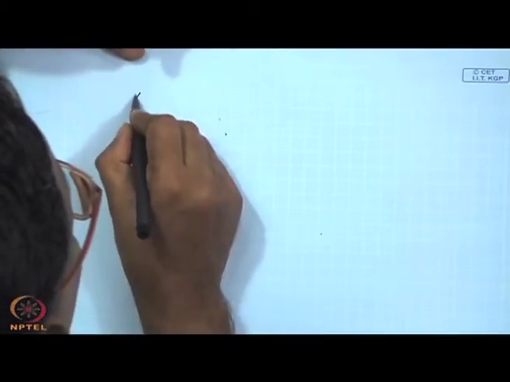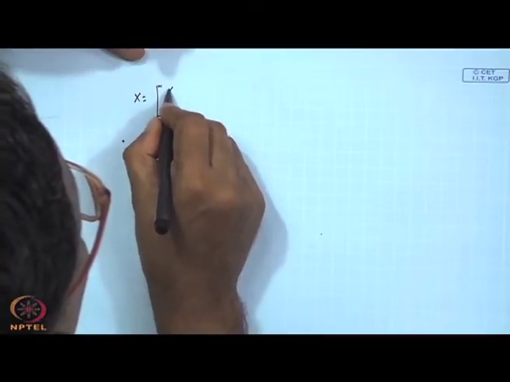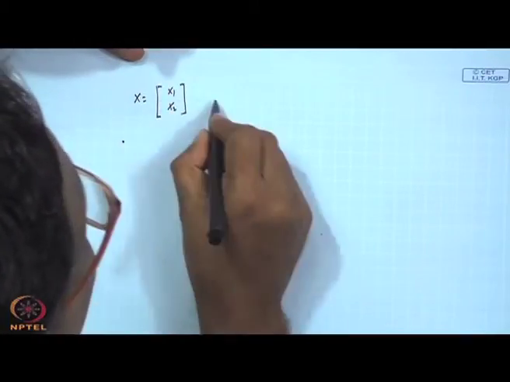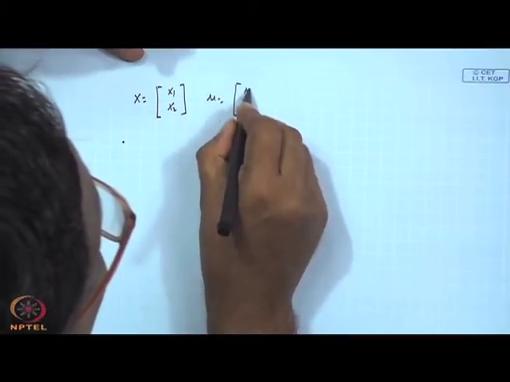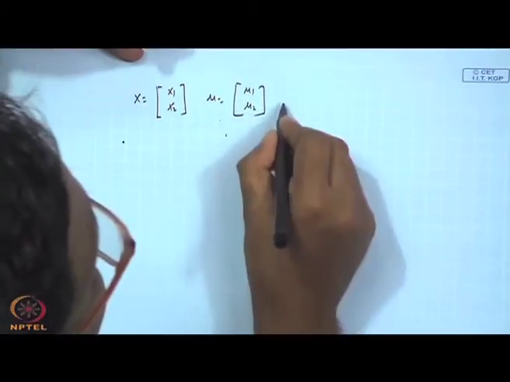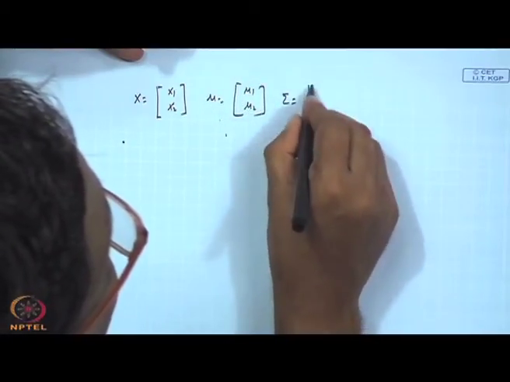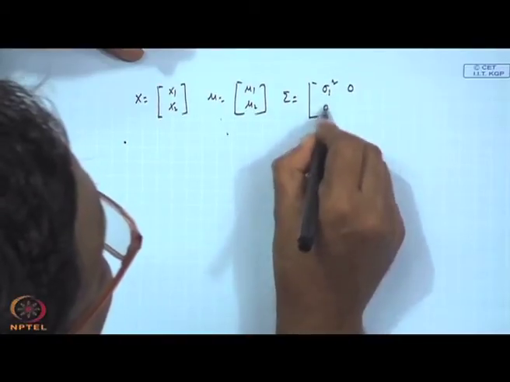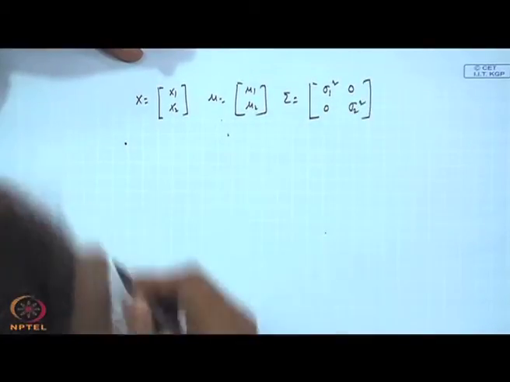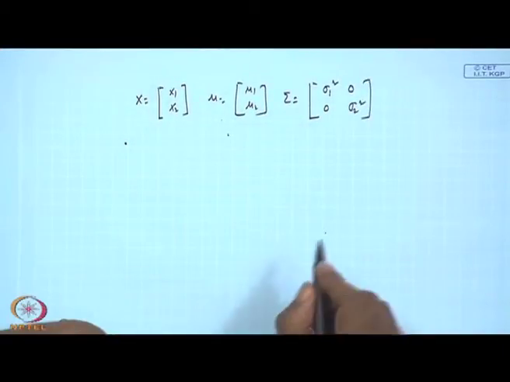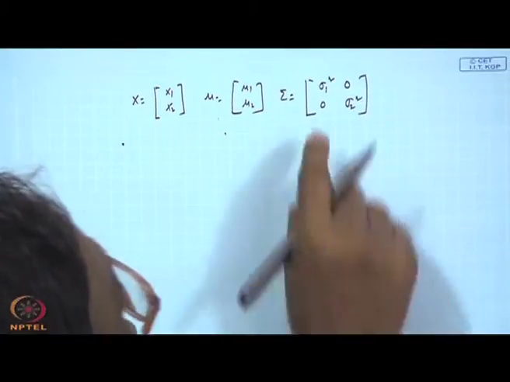Can we do the same thing for x equal to x1 and x2, the two variable case, mu equal to mu1 and mu2, and sigma equal to what we have taken already, sigma 1 square 0 0 sigma 2 square, because we want to prove the independent case first.